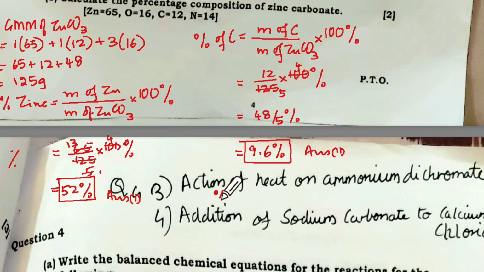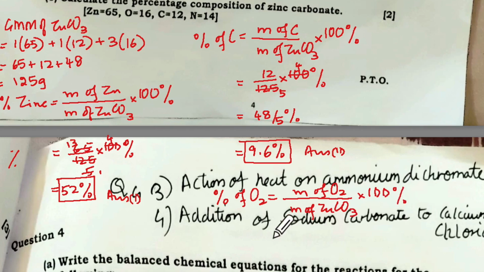And the third one will be percentage of oxygen will be equal to, tell me, mass of oxygen upon mass of ZnCO3 into 100%. And that will give us 48 upon 125 into 100%.